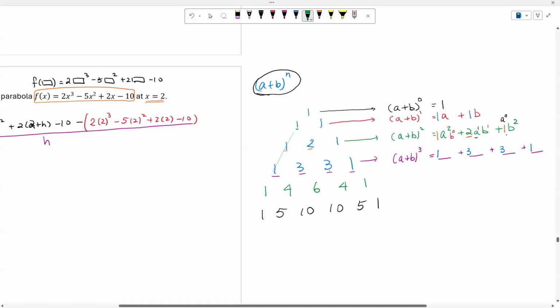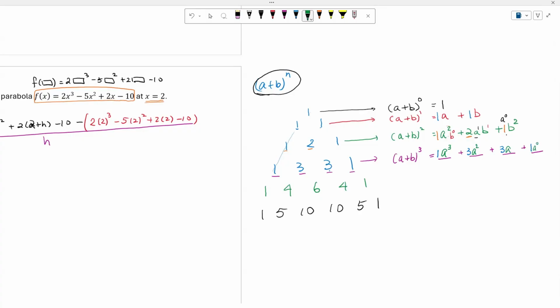And now, let's see what we have for the first term. It will be a to the power 3. And then the next term, I will have a squared. The third term, I will have a. And of course, the last one will be a to the power of 0.